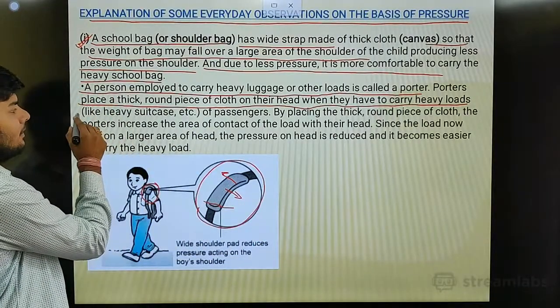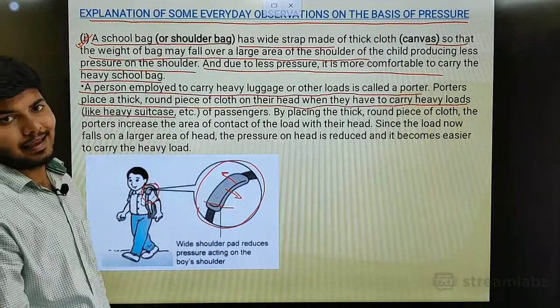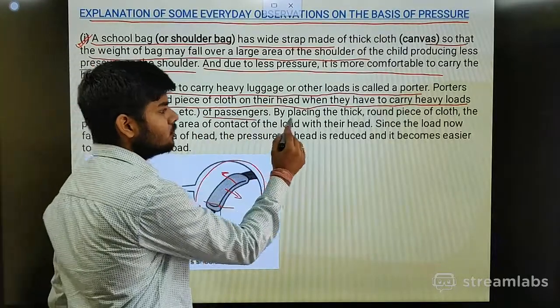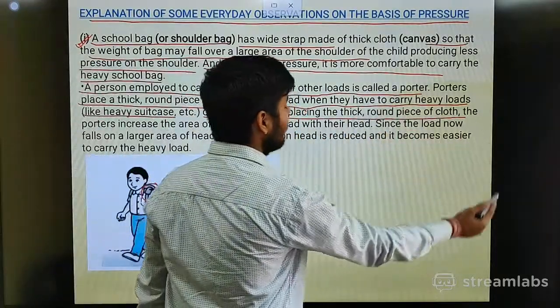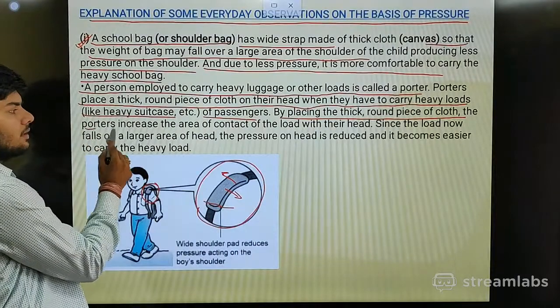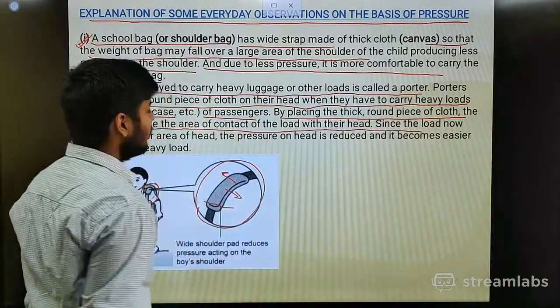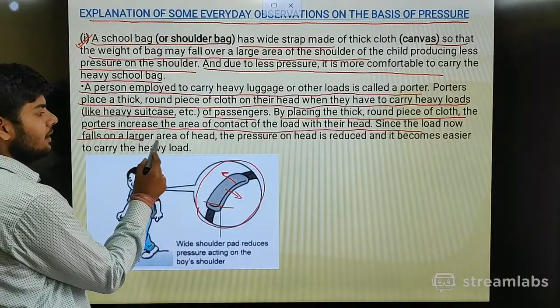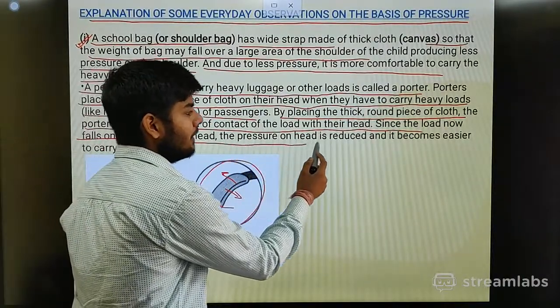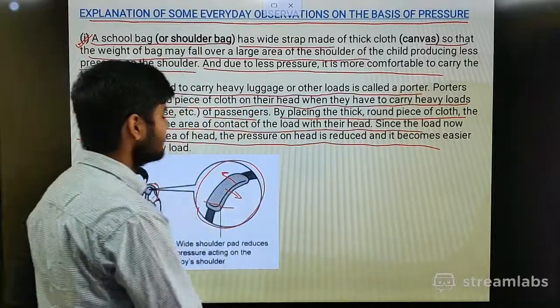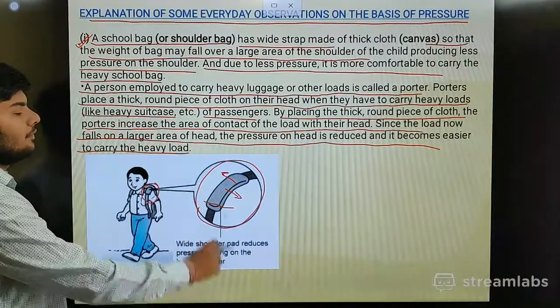Like heavy suitcases of passengers. By placing the thick round piece of cloth, the porters increase the area of contact of the load with their head. Since the load now falls on a larger area of the head, the pressure on the head is reduced and it becomes easier to carry the heavy load.